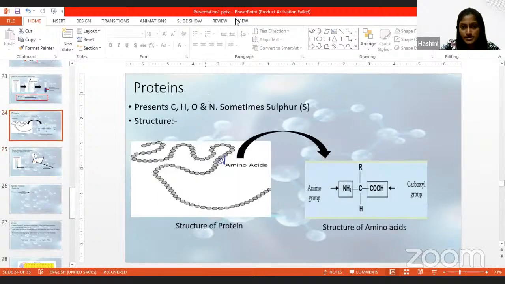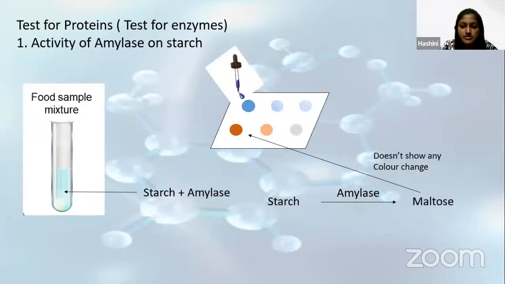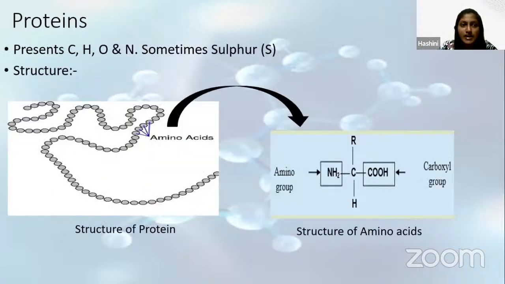So in here, I'm sorry, I haven't included the significance of proteins, right? Before this one, there should be a part. You have to get knowledge on the significance of proteins. So what are the significances of proteins? The proteins can be used as an energy source, right?